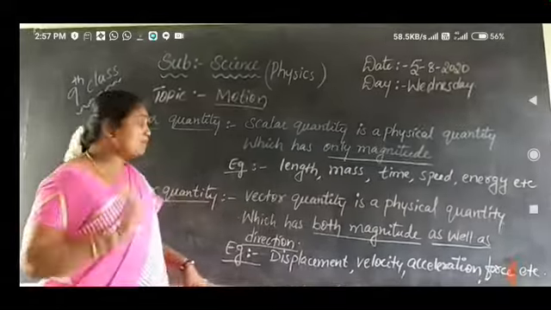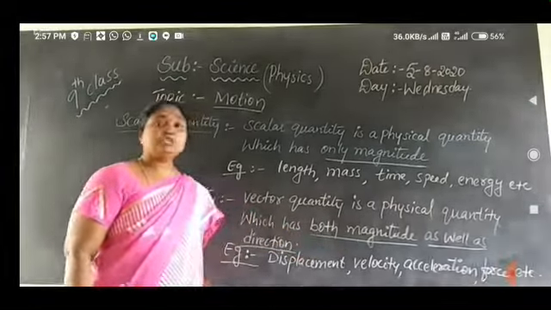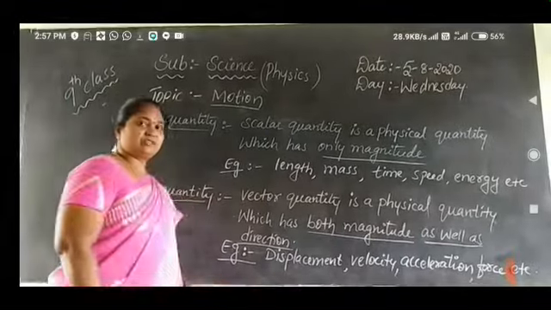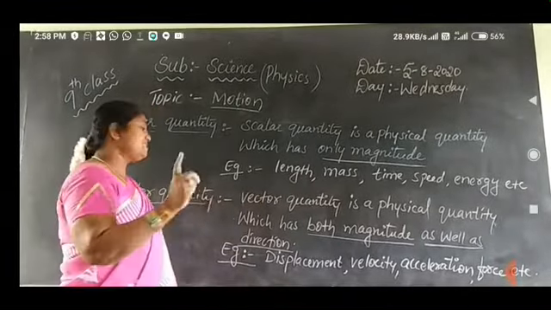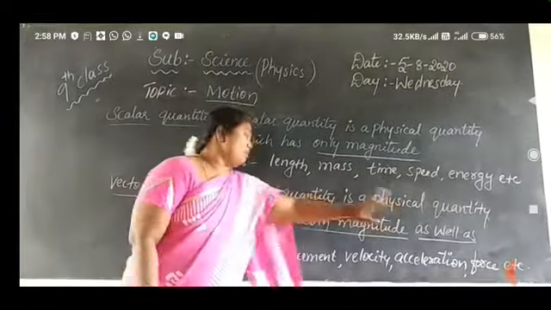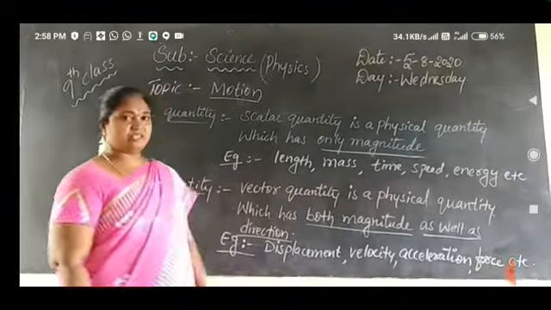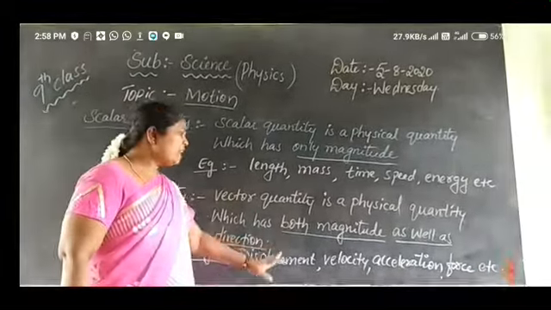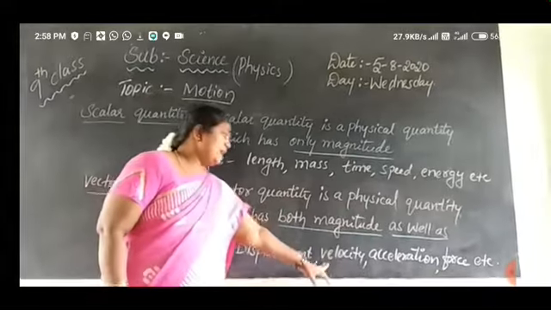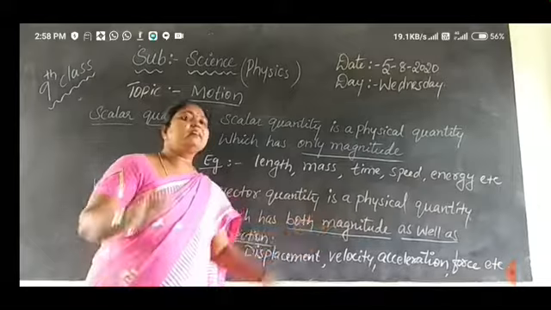But in a vector quantity, we have both, magnitude as well as direction. Both magnitude and direction make a vector quantity. Examples: displacement, velocity, acceleration, force, etc.